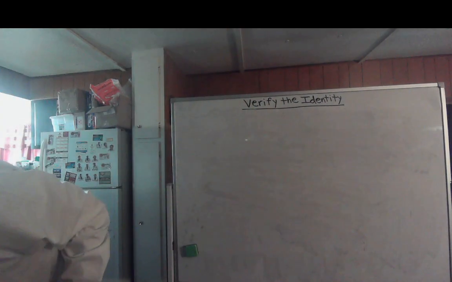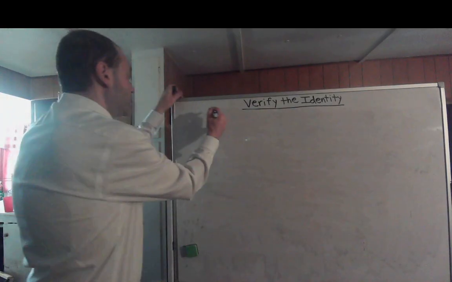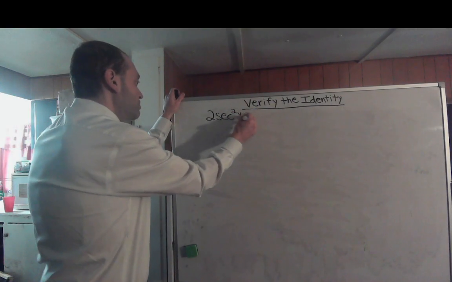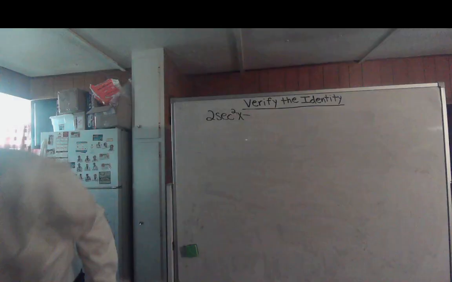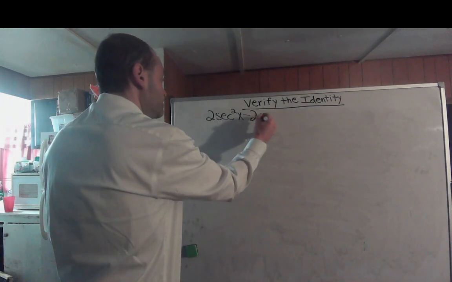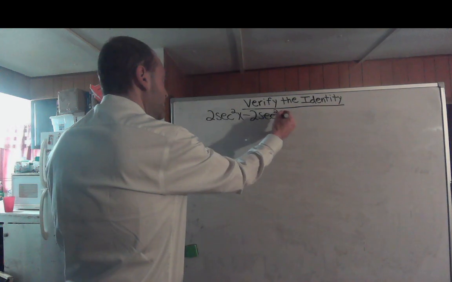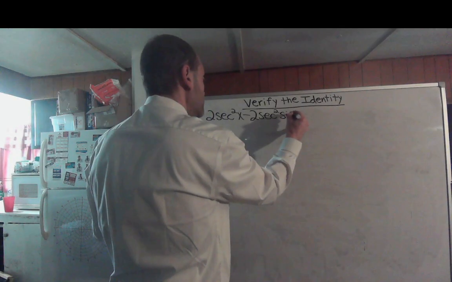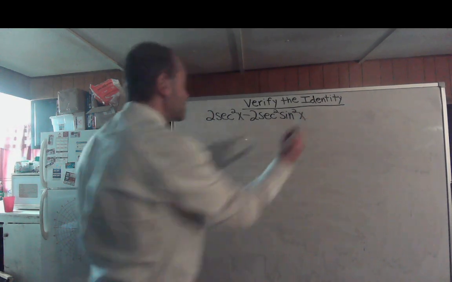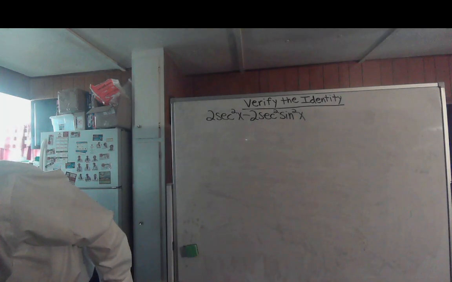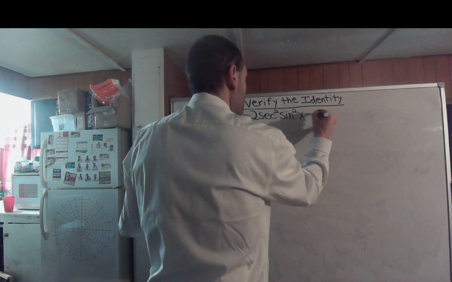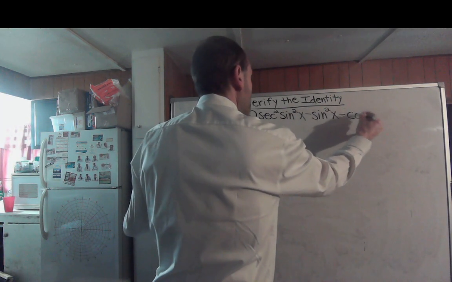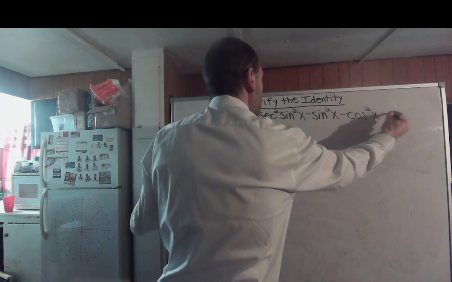So, we are going to have 2 secant squared of x minus 2 secant squared of x sine squared of x minus sine squared of x minus cosine squared of x equals 1.